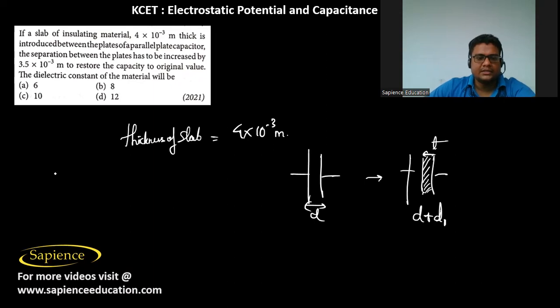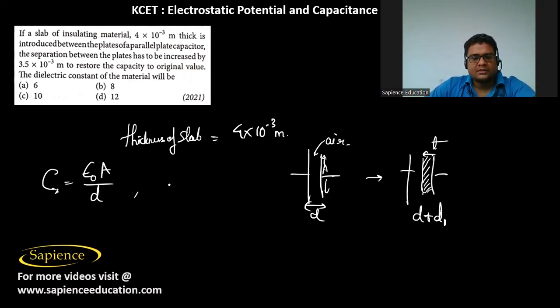Initially, the value of the capacitance, C, is equal to epsilon naught A by d. A is the area of the plates, and d is the separation between the plates. Initially air was there in between the plates.